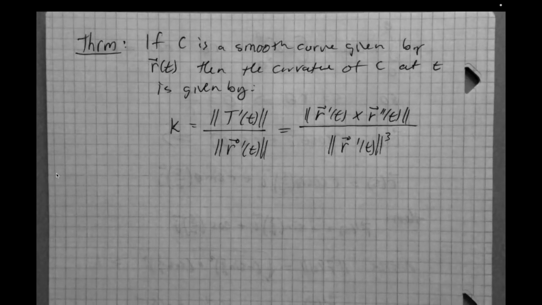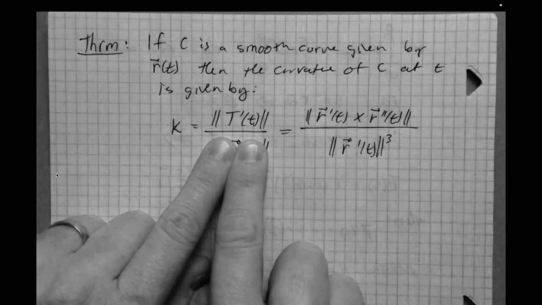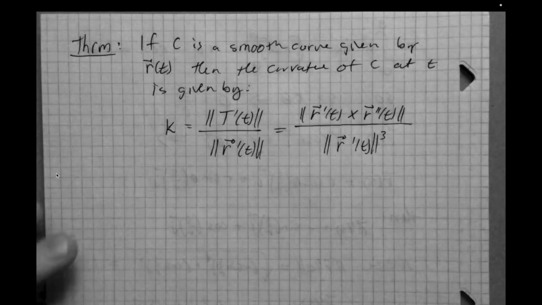That's why the arc length parameter is so nice, because it's literally just the norm of the derivative of the unit tangent vector. If t is the arc length parameter, then it's that. Otherwise, you have to deal with all this, which may or may not be a challenge, depending entirely on the function you're looking at. So let's do an example and see where this can be challenging.